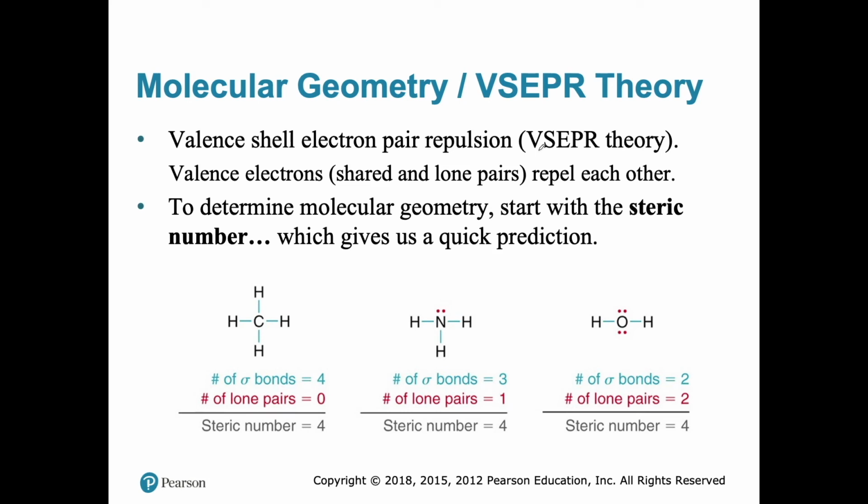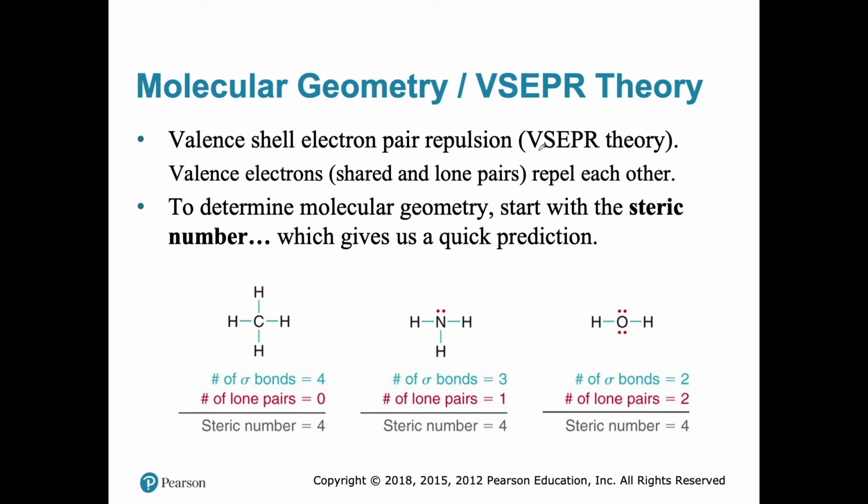So when we were talking about electron domains before, the amount of things connected to the carbon, that all corresponds to the steric number. If you saw here, we have our methane.